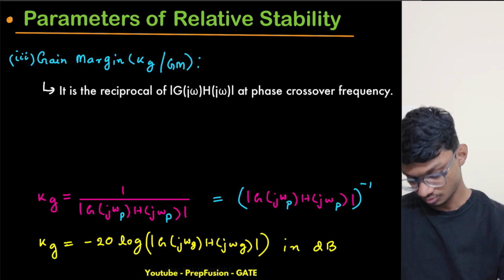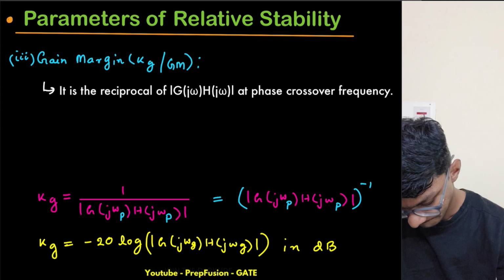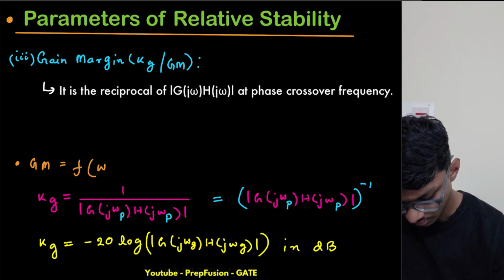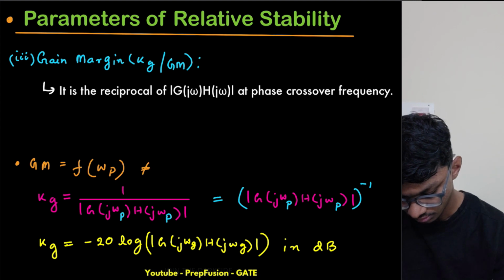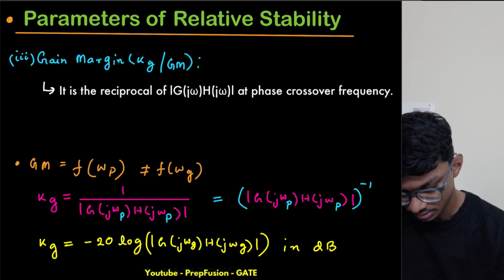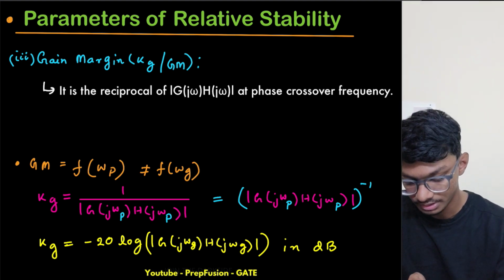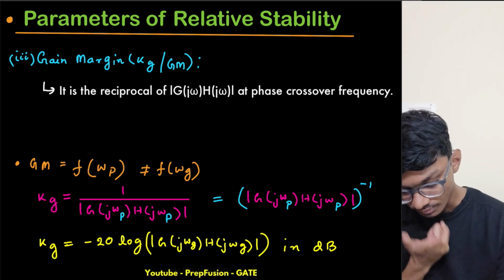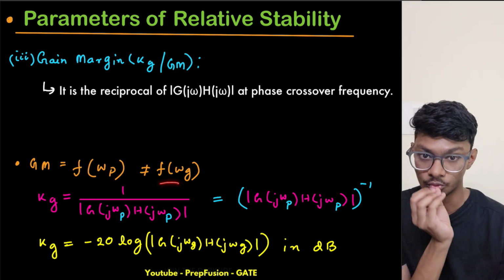So gain margin is a function of omega p and not a function of omega g. Okay, not a function of omega g. All these things we have to understand. Don't get confused with this one.